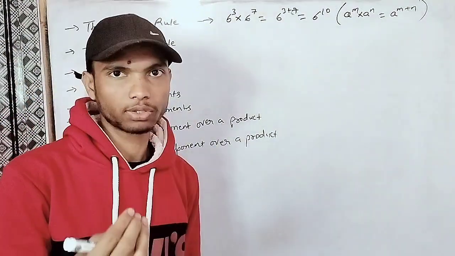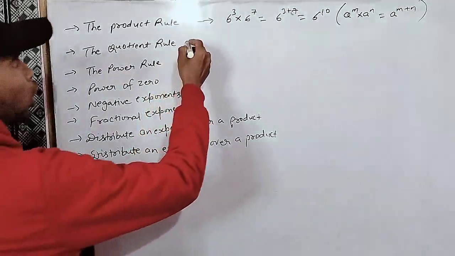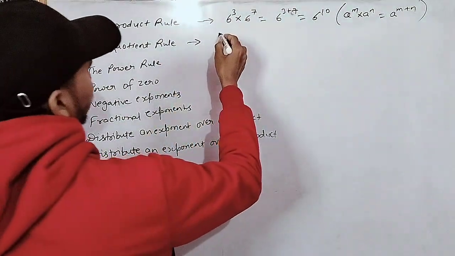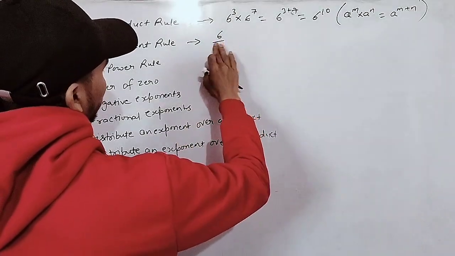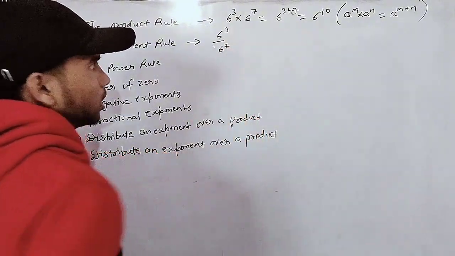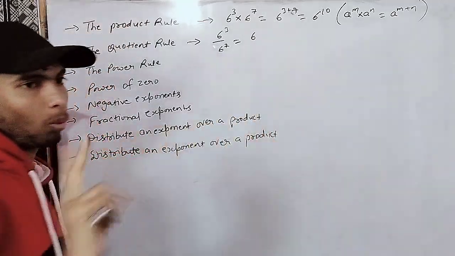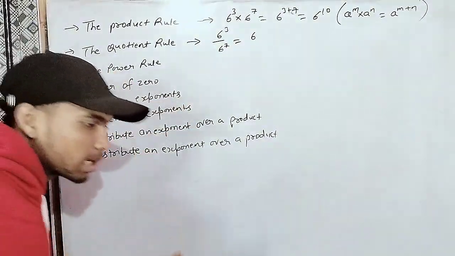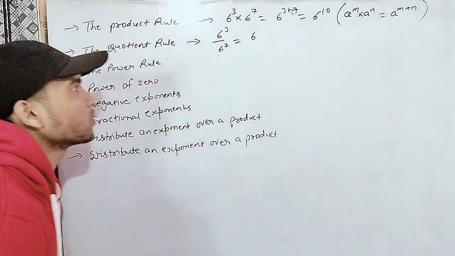Now in the discussion of the quotient rule, what does it say? It says that now we came into the division field. First of all, the base is the same, and now we have exponents. Base is the same, that's why we will write it one time. Now in the case of the quotient rule, exponents will be subtracted.